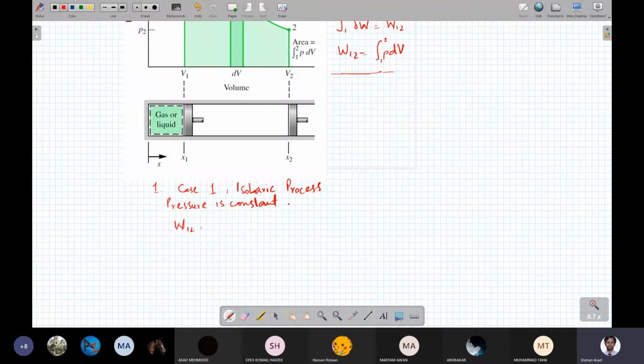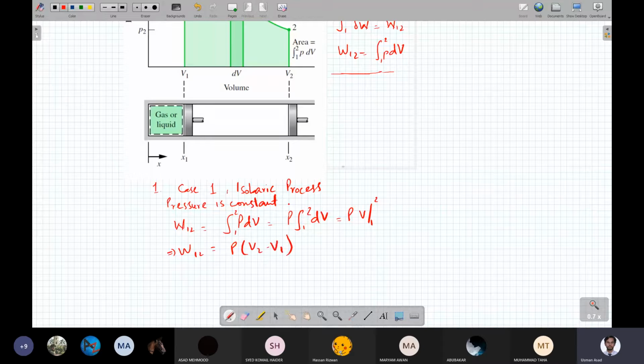So W12 is going to be equal to the integral of PdV between 1 to 2. Pressure you can just take out of the integral and you're just left with the integral of dV, to which we apply limits of integration, which means that the work done is just P times (V2 minus V1).